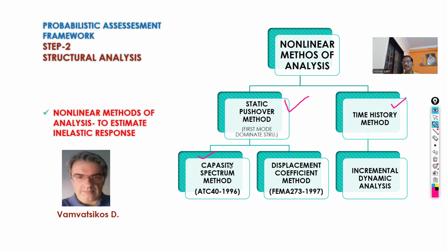One is the capacity spectrum method, which is documented in ATC 40. By using this method we calculate the performance point. The other is the displacement coefficient method, which is documented in FEMA 273, by which we calculate the target displacement.